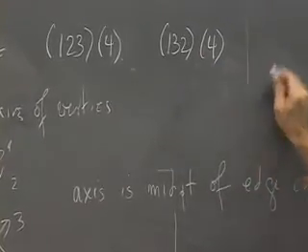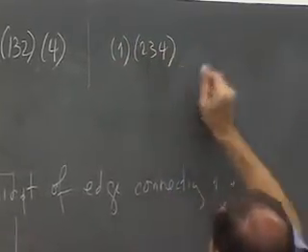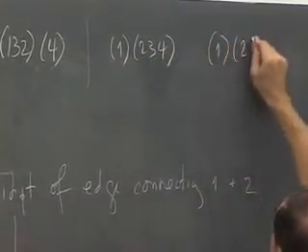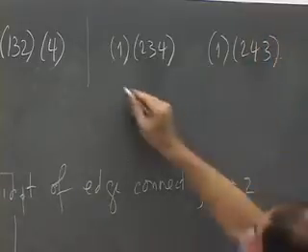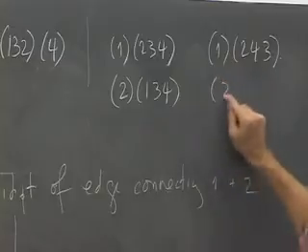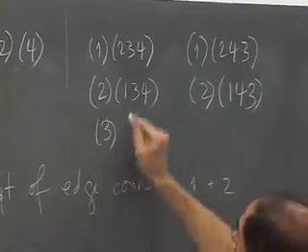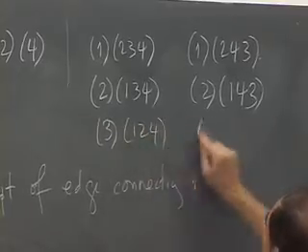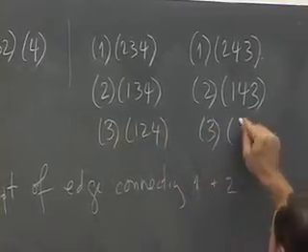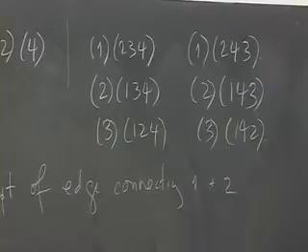And then I'd have things like 1, 2, 4, 3 and so on, through 3, 1, 2, 4 and 3, 1, 4, 2. Those would be my 8 permutations of order 3 in this group of the tetrahedron.